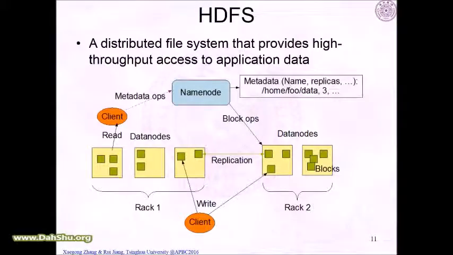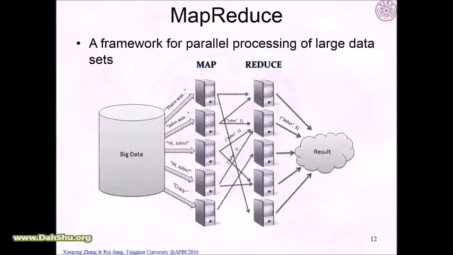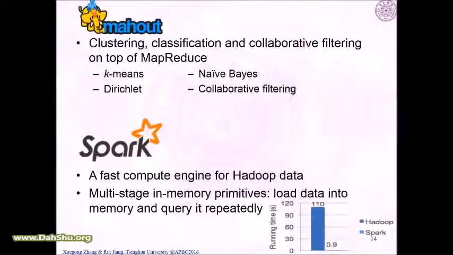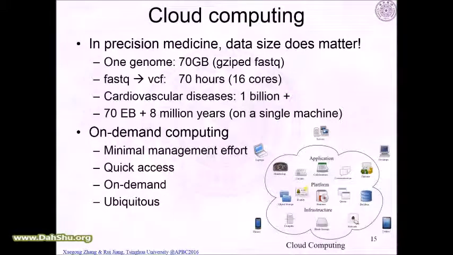This is the file management across the network, and MapReduce is the structure for parallel processing on the Hadoop structure. There are a lot of applications, and these are some higher level platforms based on this. You may have heard of cloud computing.